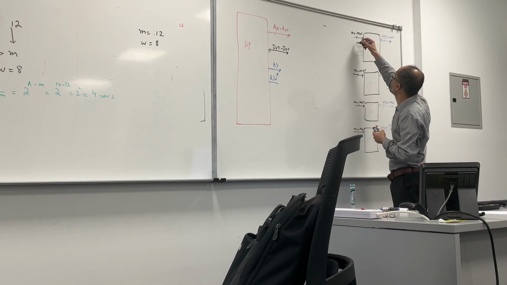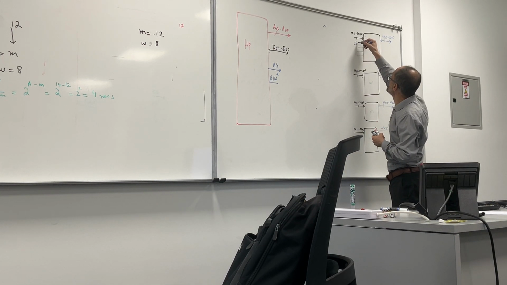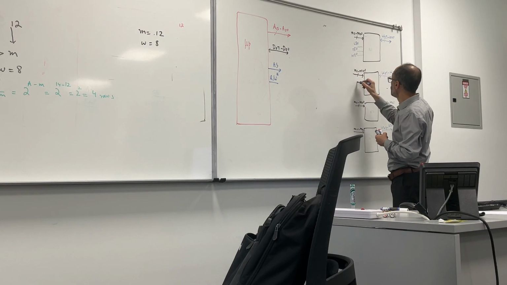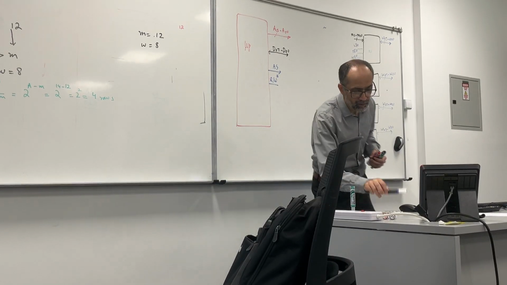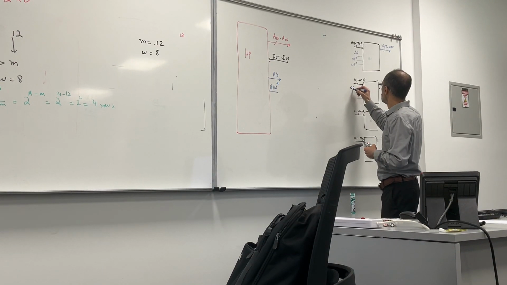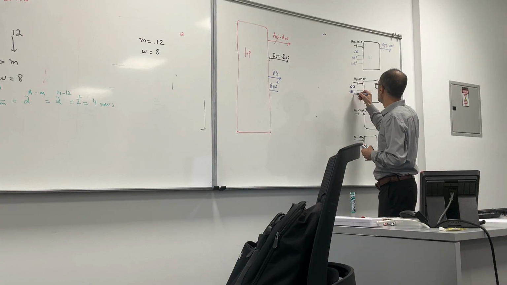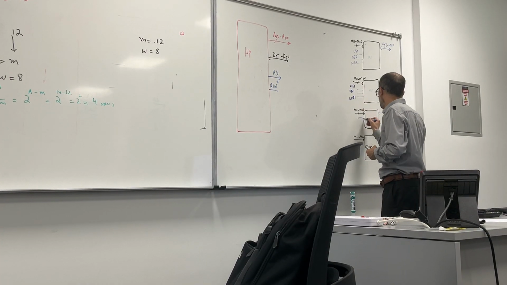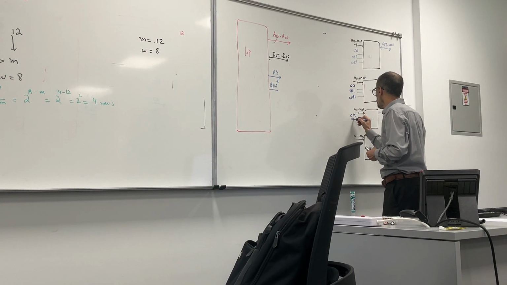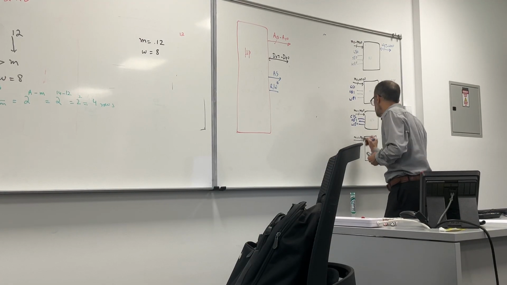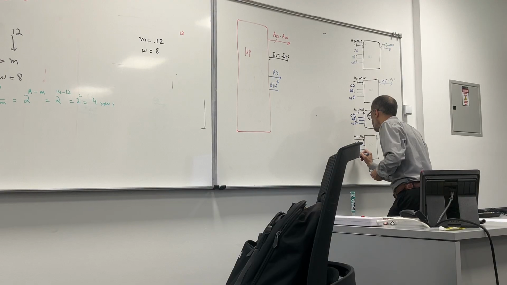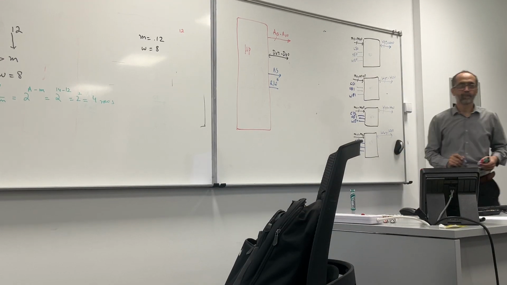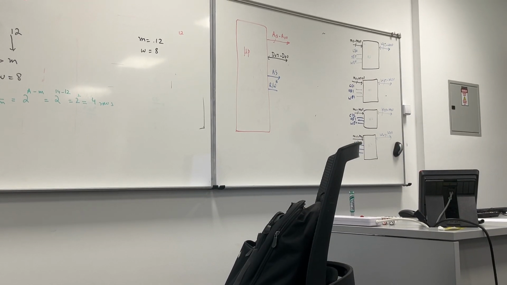So we have chip select 0, OE0, and WE0. Then chip select 1, OE1, WE1, then chip select 2, OE2, WE2, then chip select 3, OE3 and WE3.